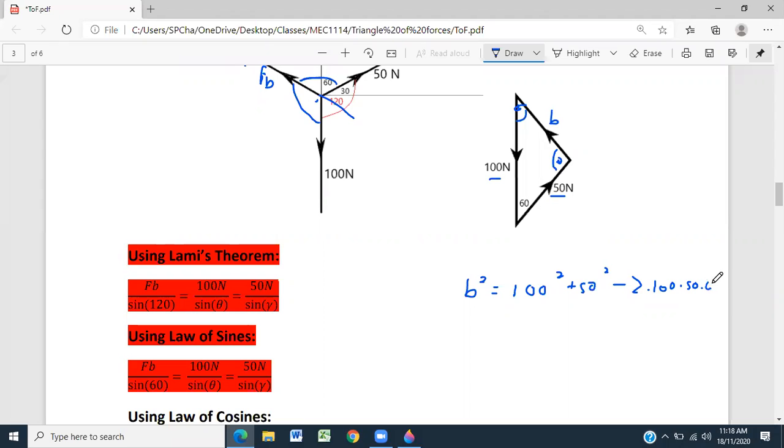I've run out of space here, but you get the idea. An important thing to notice if you have trouble remembering the cosine rule is that this is kind of like Pythagoras' theorem, no?